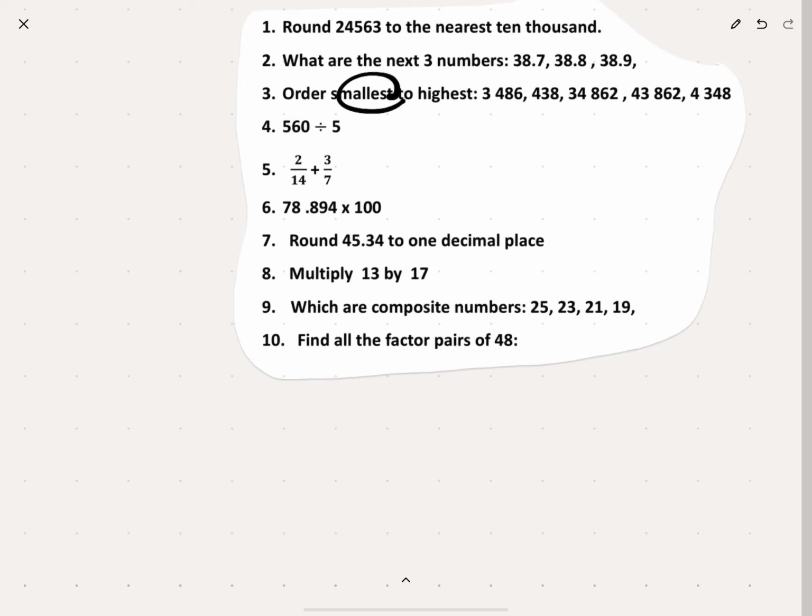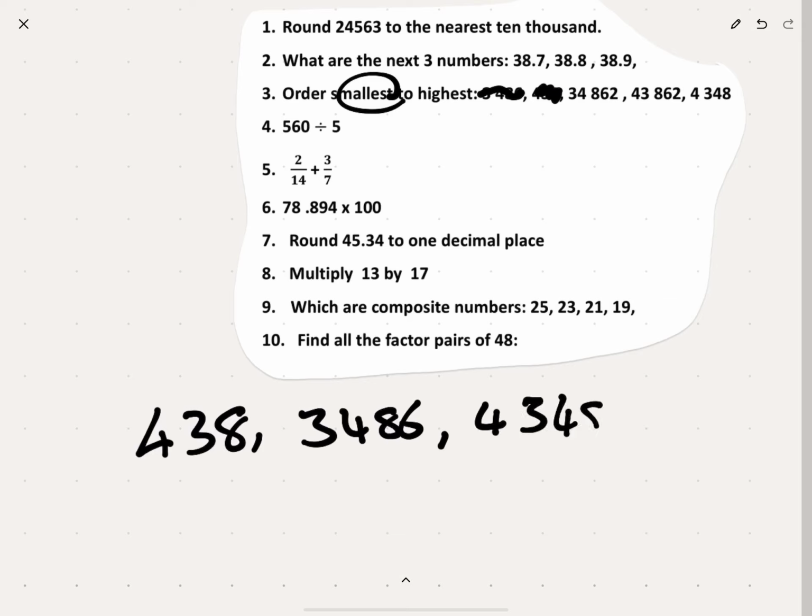Well, obviously the smallest one there is 438. Okay, then I'm going to cross that out. And then there was a 3,000 somewhere. 3486. Then it's 4348. This is quite an easy question, actually. 34,862. And then finally 43,862. Just get rid of that comma, because that'll confuse you.